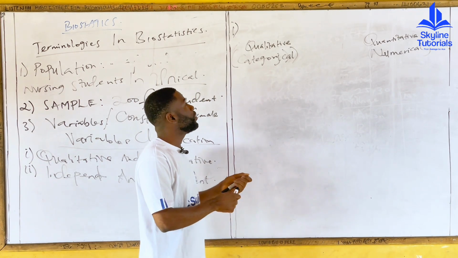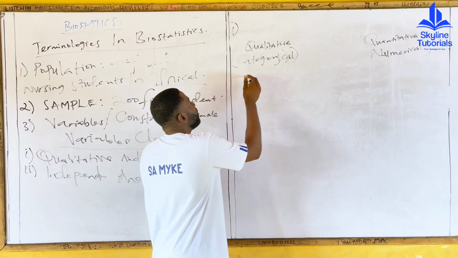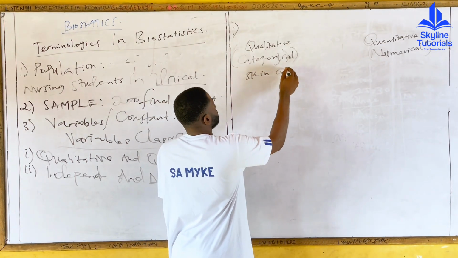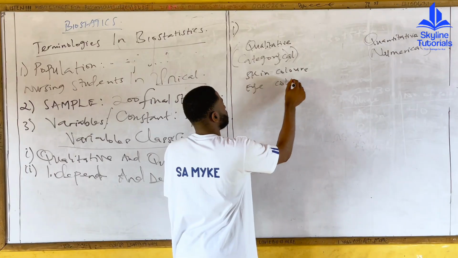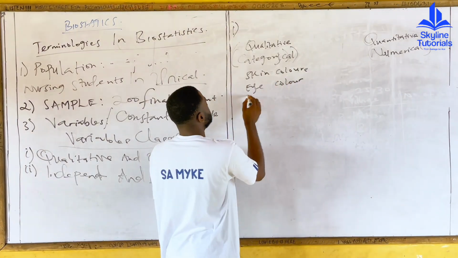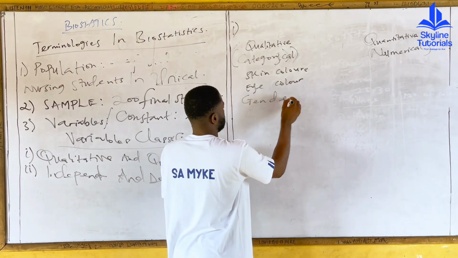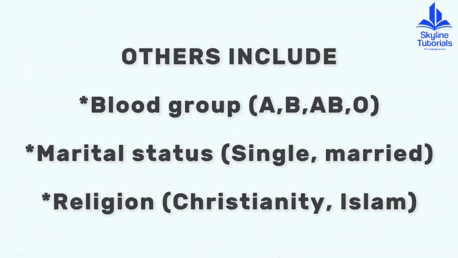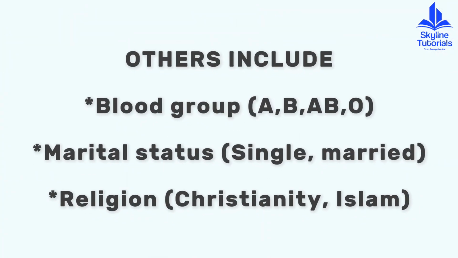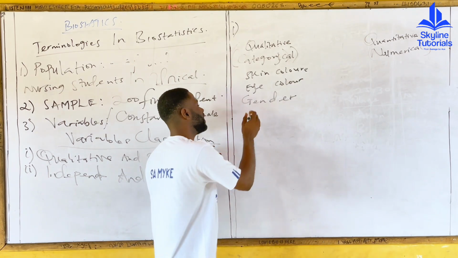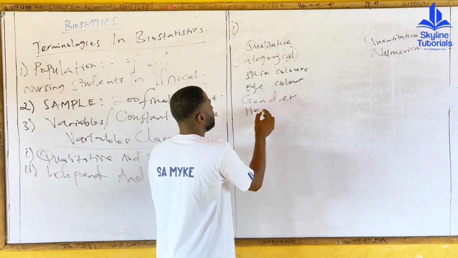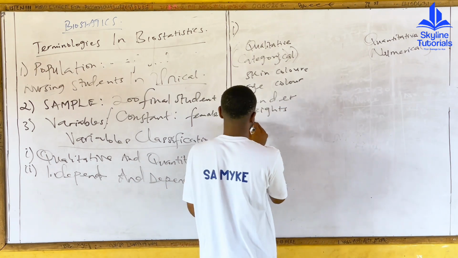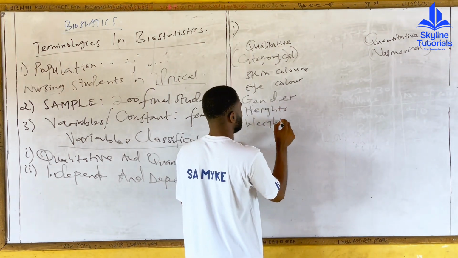Examples of qualitative variable include skin color, eye color, gender, and lots more. Any feature or characteristic that differs from person to person. We have height. Okay, height will not. That will lead me to asking this question, which would be food for thought.